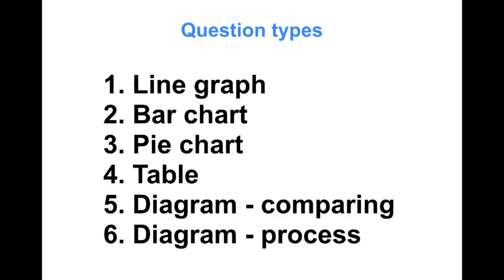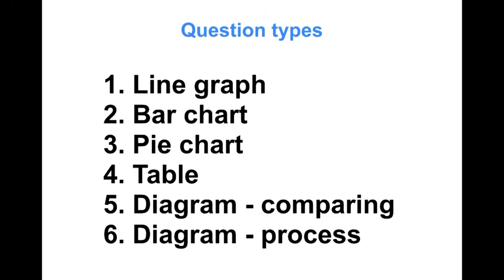I said we were going to look at the 6 question types for Writing Task 1. So here they are. Line graph, bar chart, pie chart, table, a diagram that's comparing things, or a diagram that's showing a process. I consider a map to be a type of diagram, so maps are included in either number 5 or number 6.